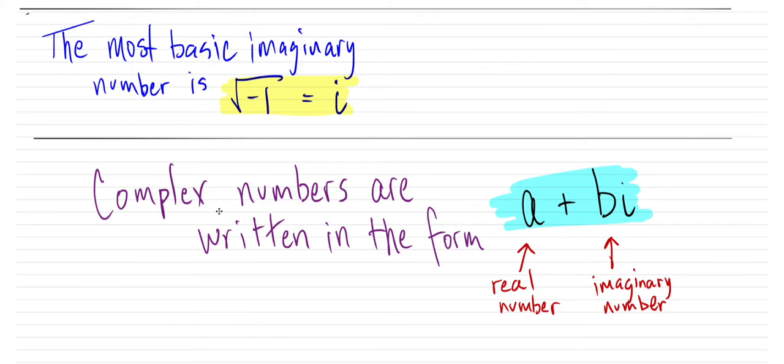A plus bi. Okay. So if you go to a plus bi mode and hit enter, and you do the square root of a negative number, it will give you the answer as a complex number with a real portion and an imaginary portion. So your graphing calculators have that capability built into them. I don't think most of the scientific ones do, but I could be wrong. I've never looked. So it's very possible your calculator can help you do this.